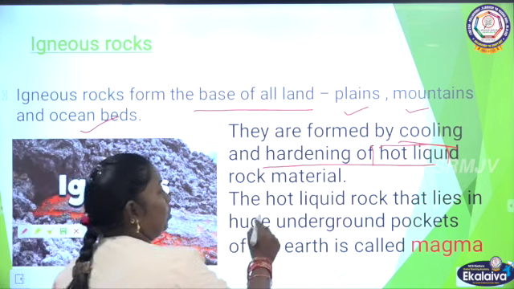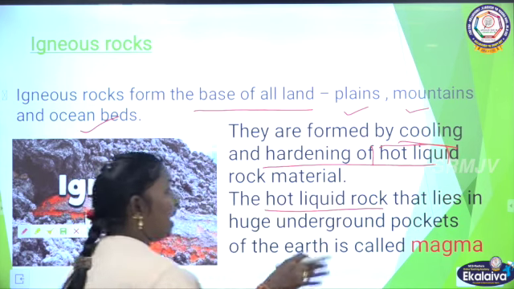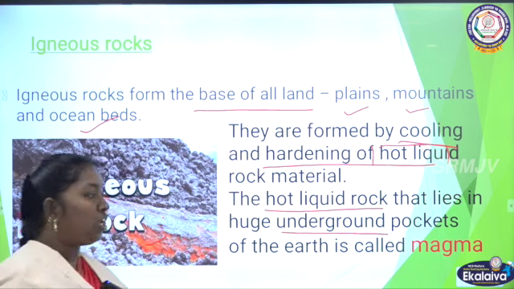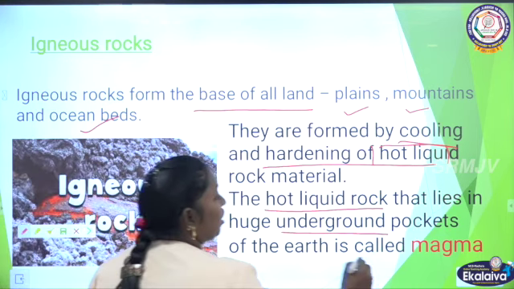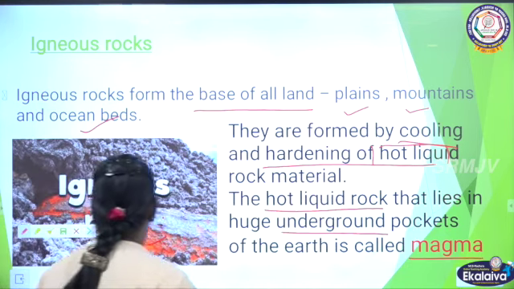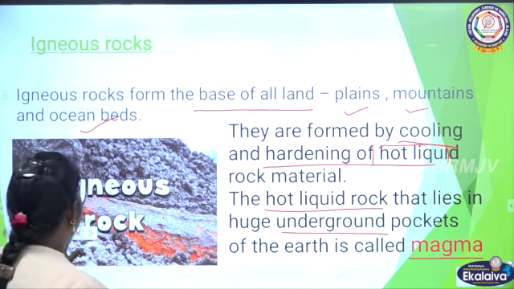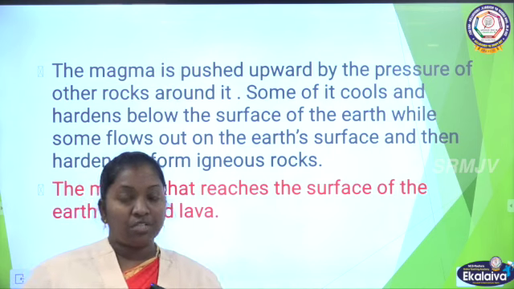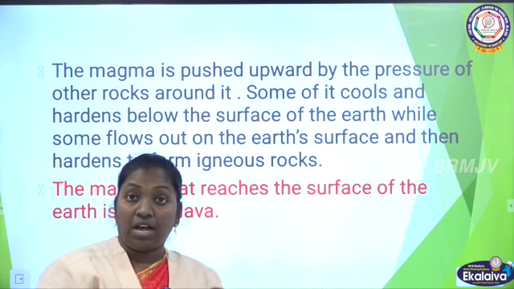Where is it present? The hot liquid rock lies deep underground. The name of this hot liquid is magma. So before forming into igneous rocks, it is present as a hot liquid in the underground.